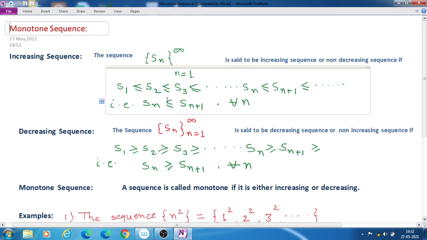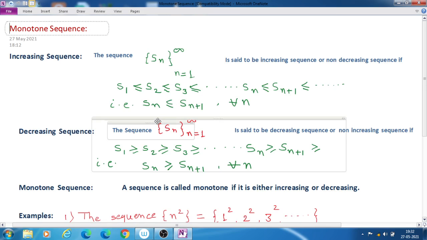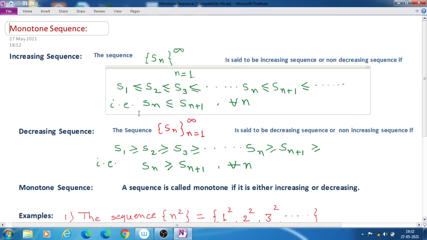So an increasing sequence means nothing but a sequence in which the terms go on increasing. The first term is less than the second term, the third term is greater than or equal to the second term. The terms are either equal or each next term is greater than the previous term.